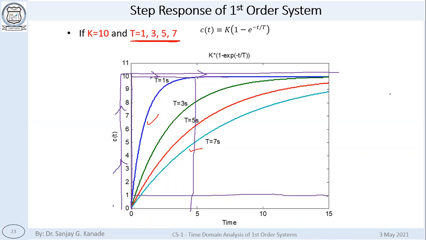It is going to introduce some amount of lag in the system. Okay. So we don't want the time constant to be higher. You can see t is equal to 1, 3, 5, 7. Time constant is increasing. Means what? The time taken by the system to reach steady state is increasing. Okay.